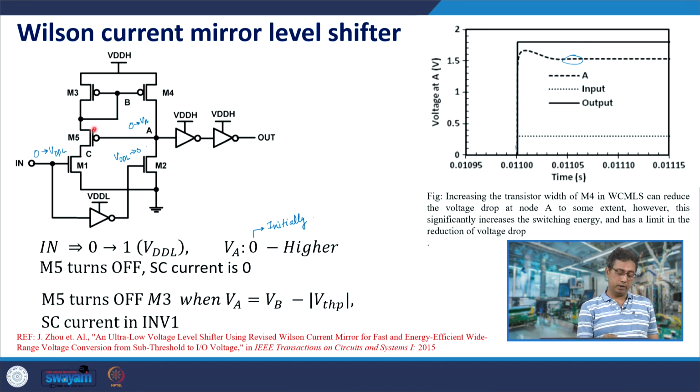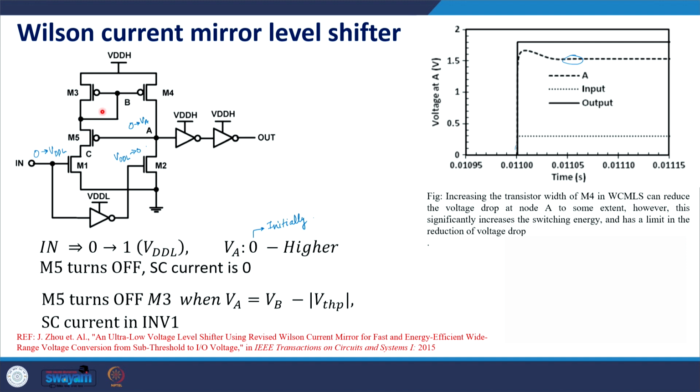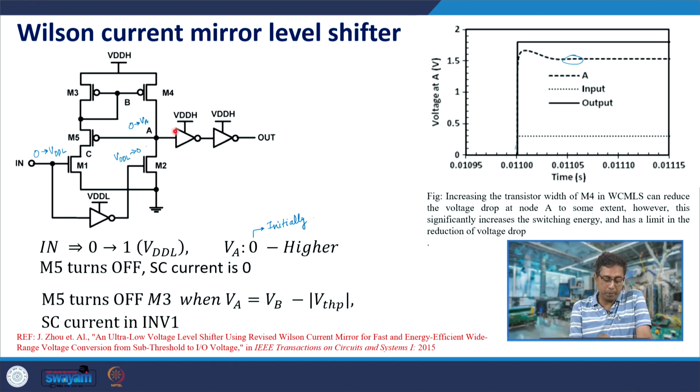So here the problem of static current is handled, static current in this wing is now 0, but the problem shifts. This node is now not at VDDH but at a lower voltage than VDDH, so the P MOSFET is not completely off.